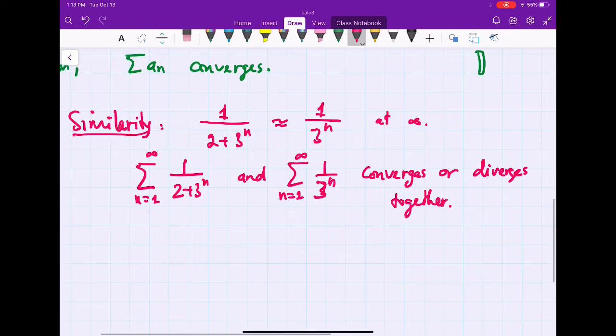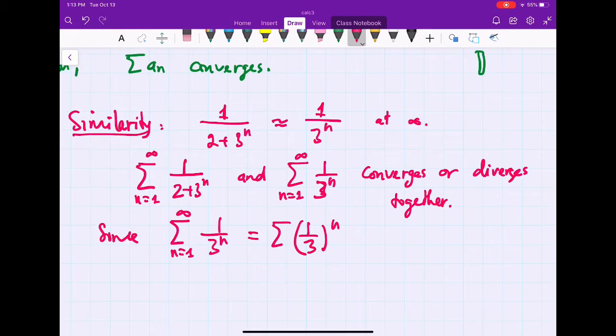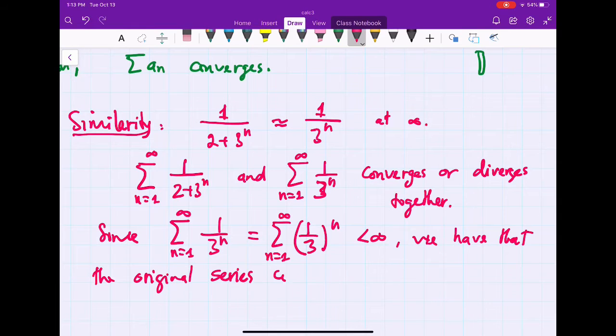And you see, since the series of 1 over 3 to the n, from 1 to infinity, converges, we have that the original series converges.